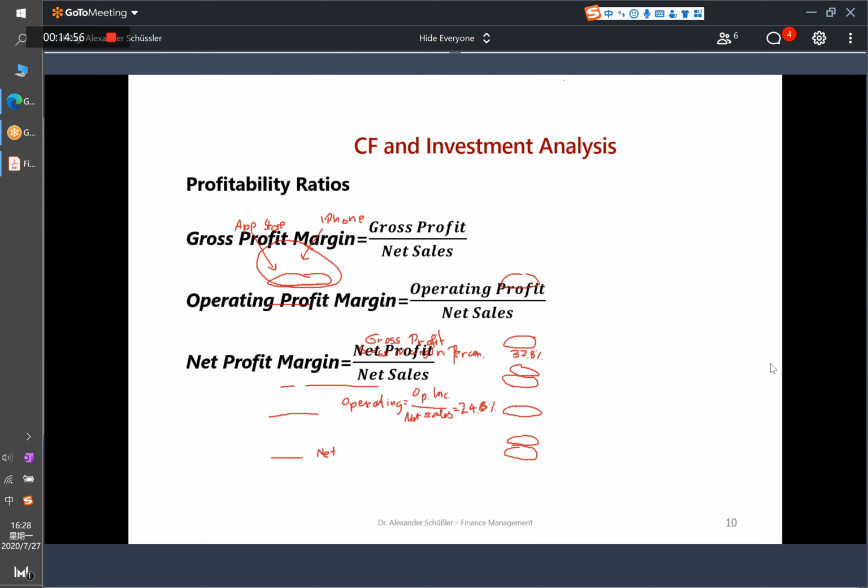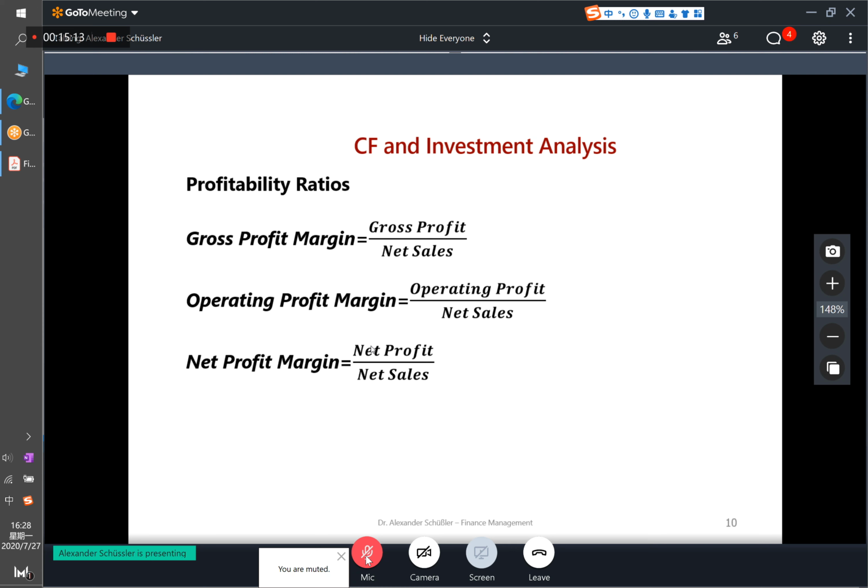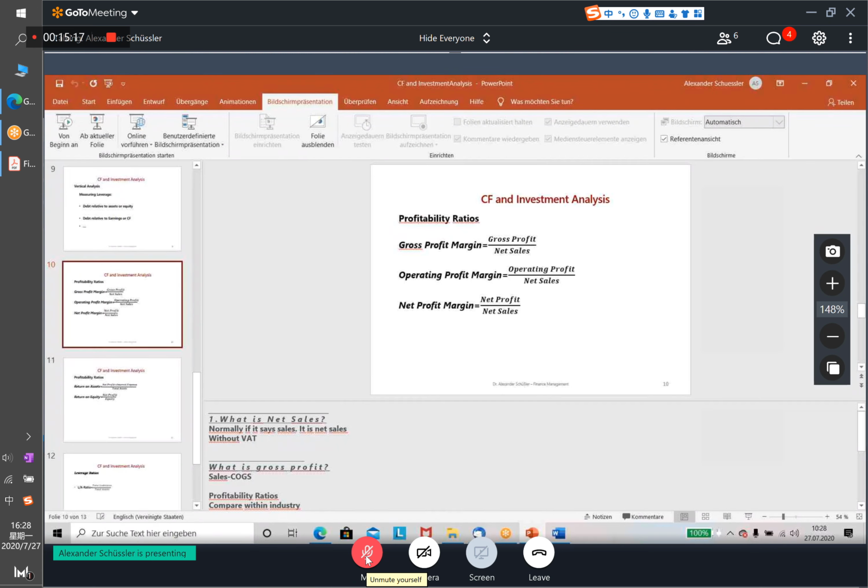These are the profit margins. We calculated the gross profit margin, we calculated the operating profit margin, and now we are calculating the net profit margin. You see that? Can you see the slide? Okay, good. Now let's do that for Apple too.